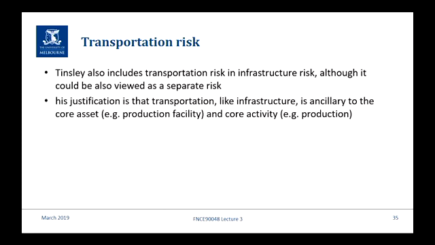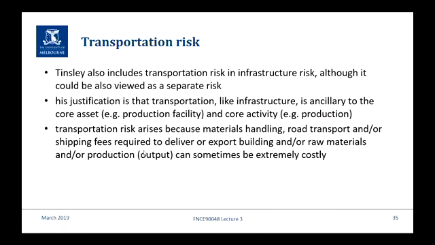It's what supports the production, like the infrastructure supports the production facility. I think that you can probably split it out as another source of risk. It's the risk in terms of road transport of raw materials and building materials and the equipment and that sort of thing. So there's a risk associated with all of that.